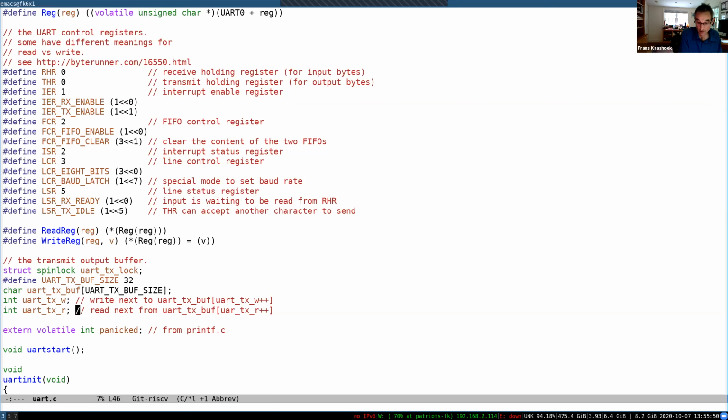When we transmit, the write pointer points to the next free slot in the transmission buffer, and the read pointer is the next slot that needs to be transmitted. This is our standard design for producer-consumer parallelism.